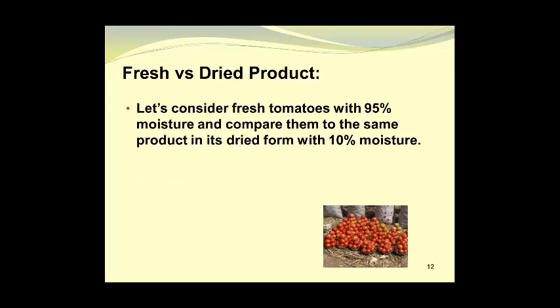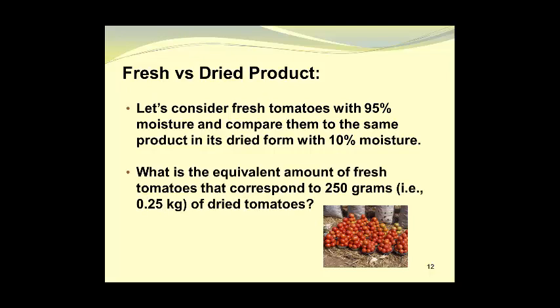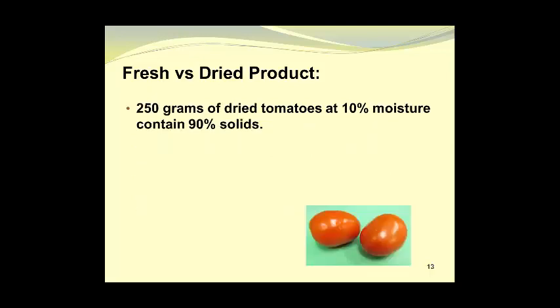Let's consider fresh tomatoes with 95% moisture and compare them to the same product in its dried form with only 10% moisture. What is the equivalent amount of fresh tomatoes that correspond to 250 grams of dried tomatoes? 250 grams of dried tomatoes at 10% moisture contain 90% solids.